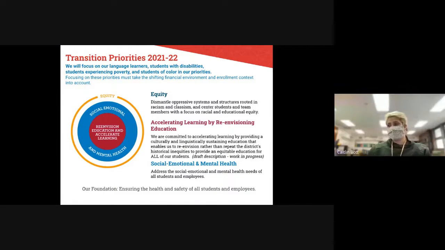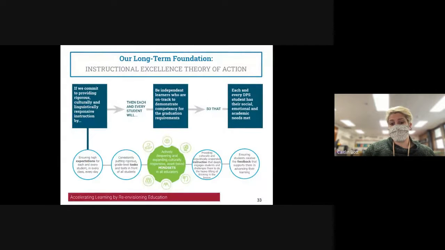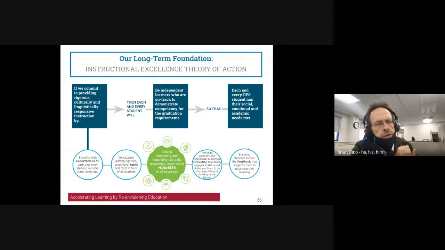Thank you. These are our transition priorities for DPS. As you all know, I'm sure you've seen this a few times. We are focusing on equity, accelerating learning, and social, emotional, and mental health. And a reminder about our long-term foundation, where we started the year on the Instructional Excellence theory of action.